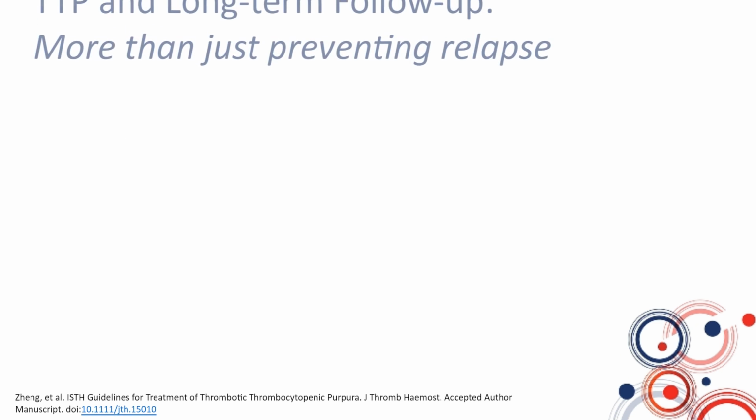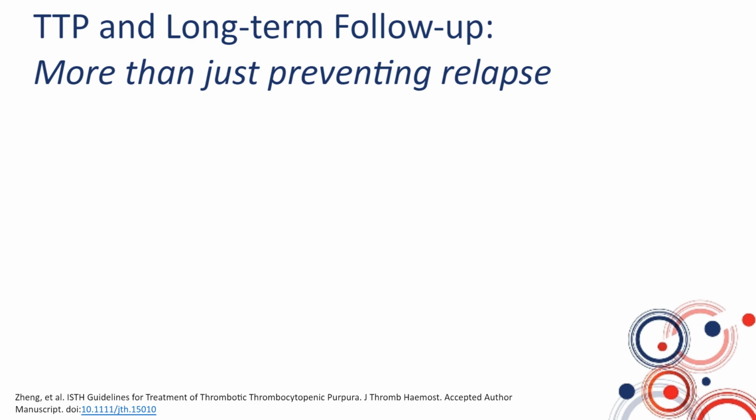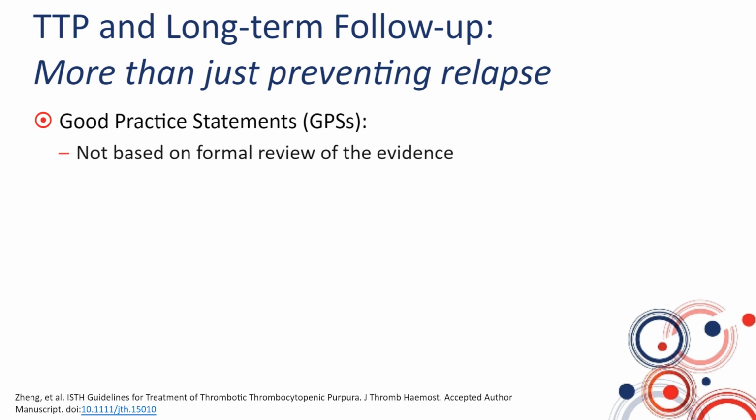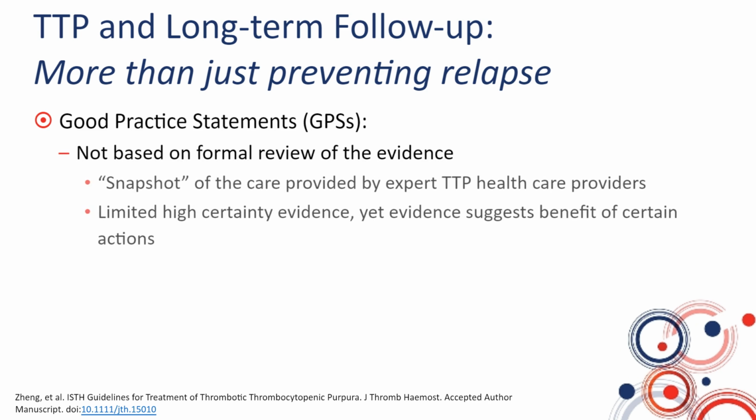So, TTP and long-term follow-up, good practice statement. I think it's fair to say that it's more than just preventing relapse. This is based more on, again, expert opinion of TTP healthcare providers and not a formal review of the literature. But when you're following patients, you are monitoring the ADAMTS13 activity to help predict the risk of relapse and the need for preemptive or prophylactic therapy, but also monitoring patients for long-term complications of TTP that we know are significant in patients.